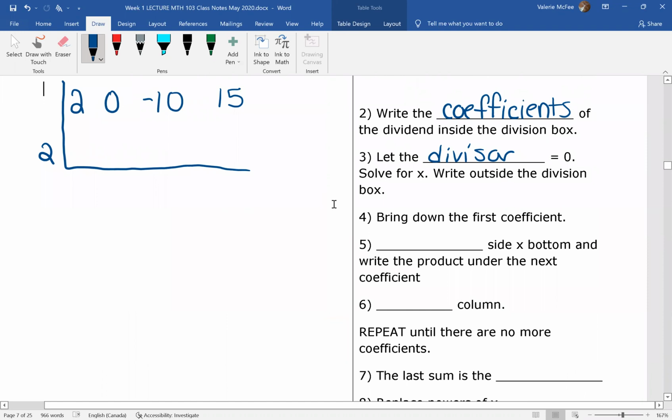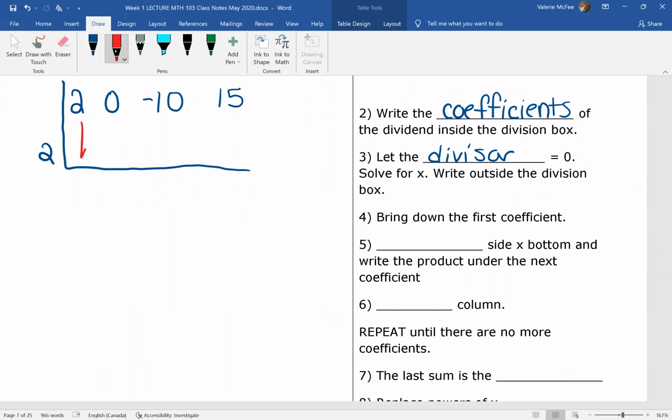In step 4, we bring down the first term. And now we multiply. We're always going to multiply that number on the side by whatever number we just moved to the bottom. So we're multiplying 2 times 2, and we're going to put our product in the next column.